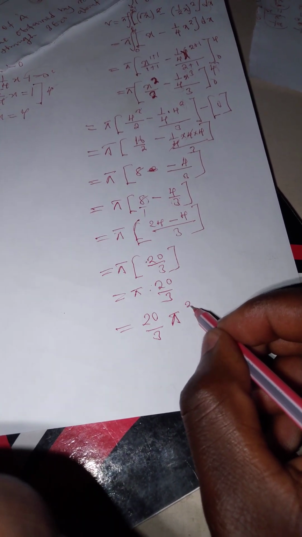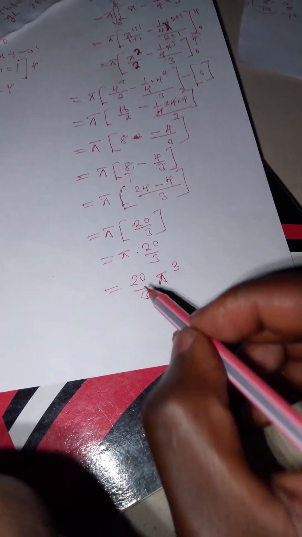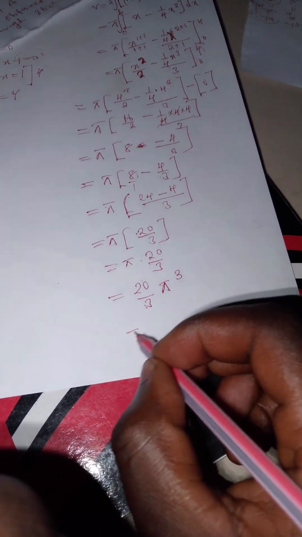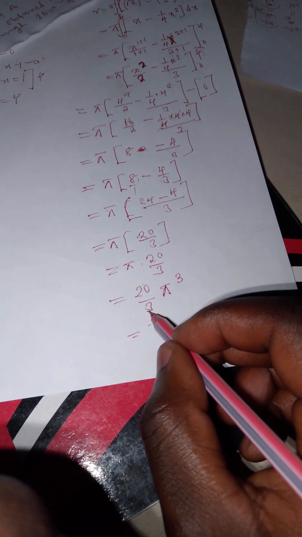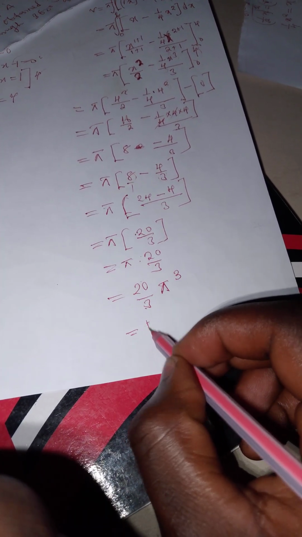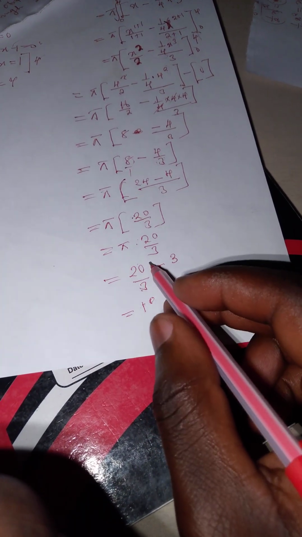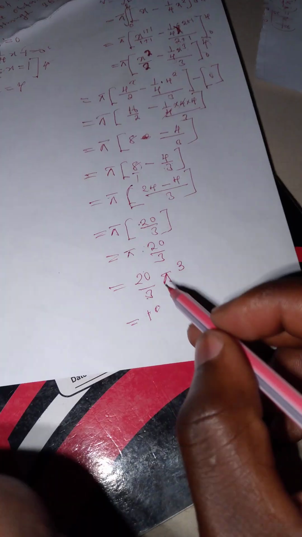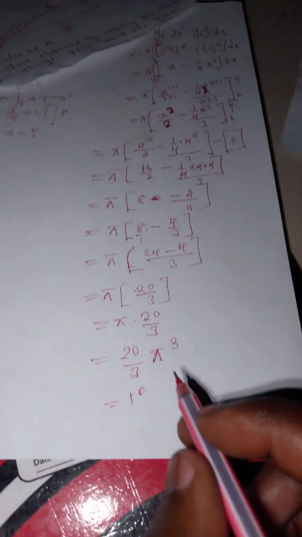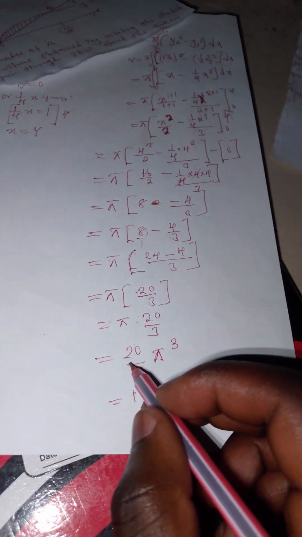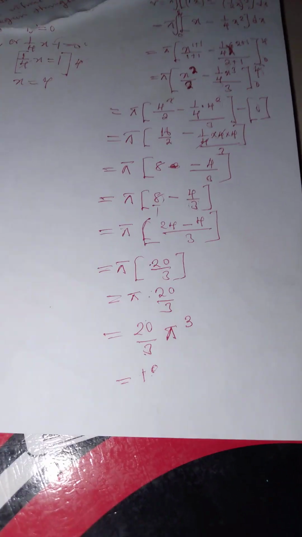Since it is the volume, it will be cubed units. So you can further divide this. 3 into 20, how many times does it go?